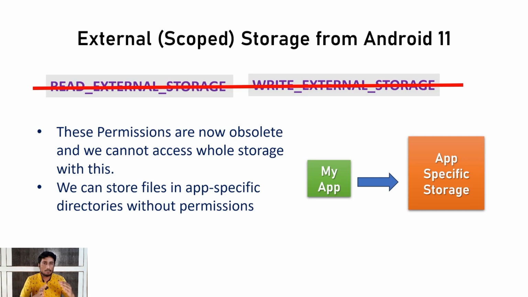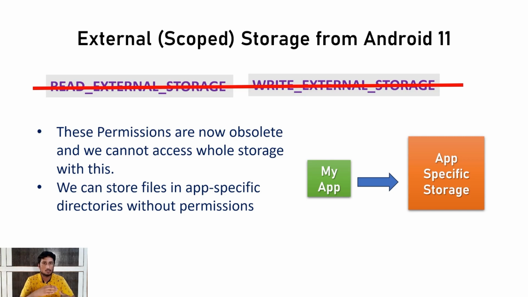For every application, a specific folder is created in the shared storage, the app-specific directory, where we can save our files, and this can have as much space as you need. This doesn't have any storage space limitations, and you can save any type of media in this storage.